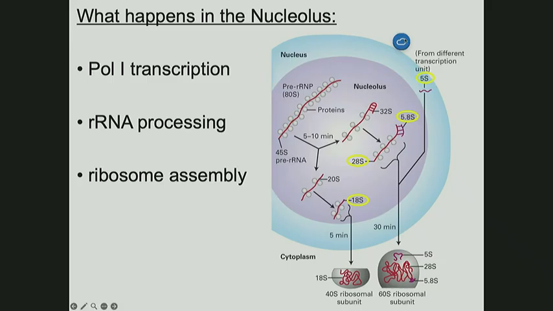And actually, ribosomal proteins that, of course, get made in the cytoplasm, many of them get imported into the nucleus and then associate with the ribosomal RNAs and then are exported as the separate 40S and 60S ribosomal subunits.